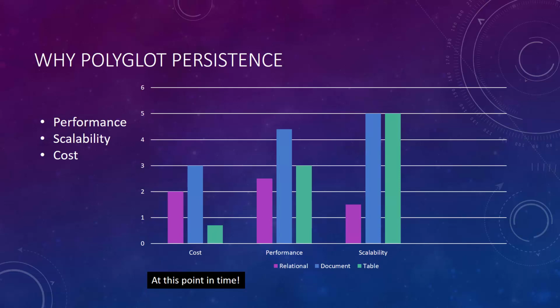It may be possible that relational databases will come down in cost and be very comparable to table storage or wide column databases, for example. That's possible. But as of now, this is what I'm seeing. And your data management strategy, I think, needs to take all three factors into account: performance, scalability, and cost.